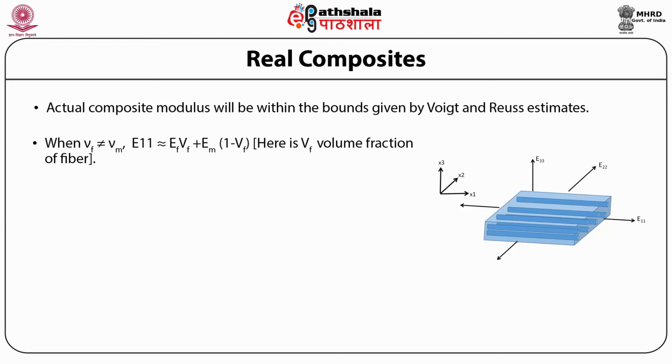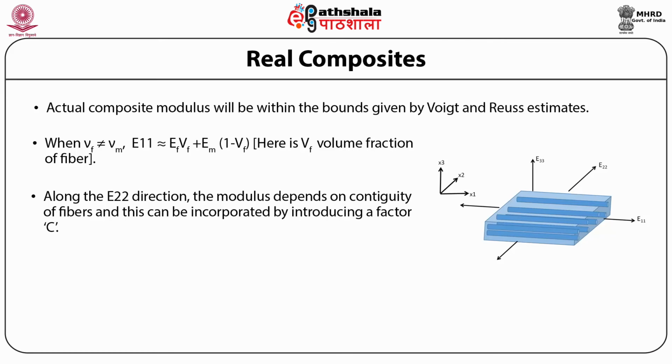When nu-F is not equal to nu-M, then E11 is approximately equal to EF nu-F plus EM multiplied by 1 minus nu-F.